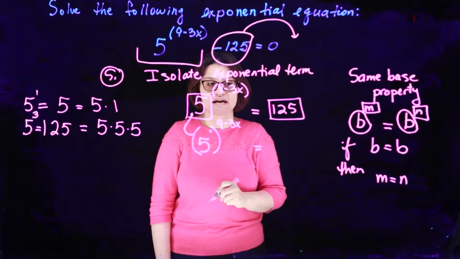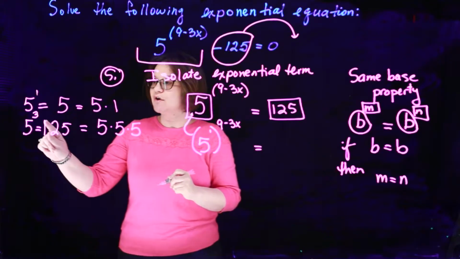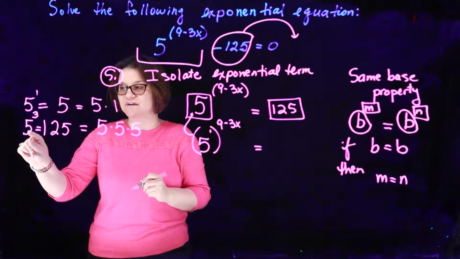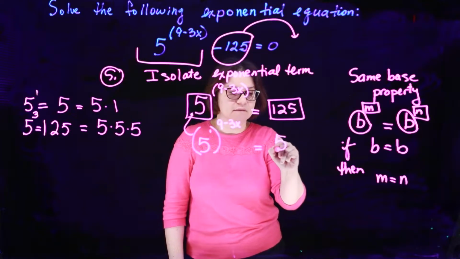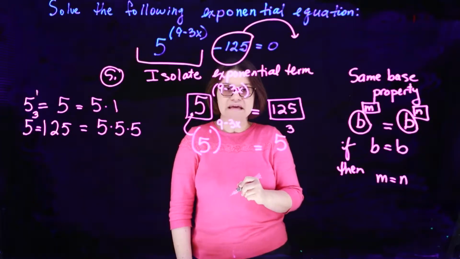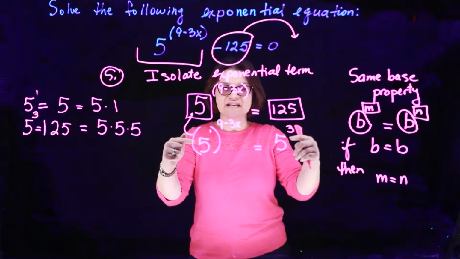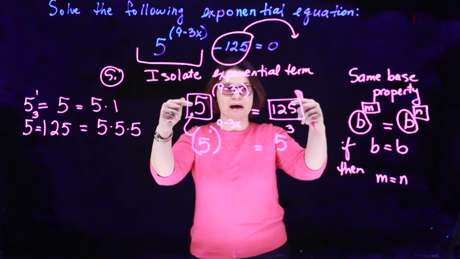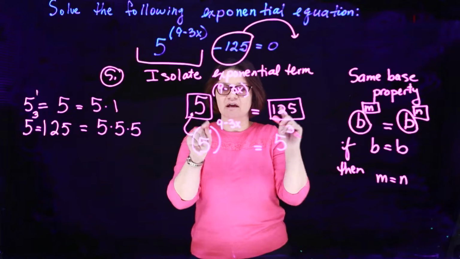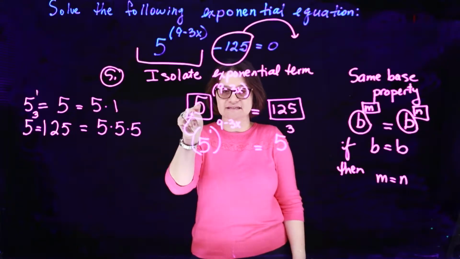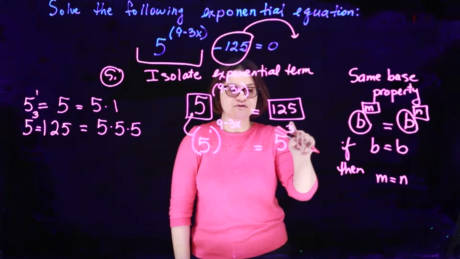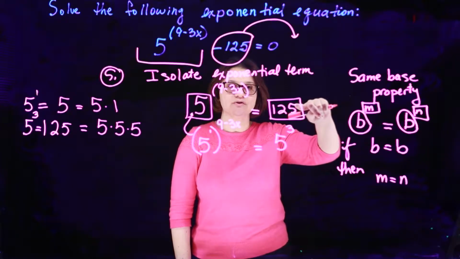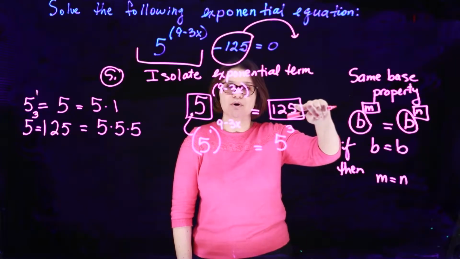On the other side, 125, we will simply rewrite as 5 to the power of 3. Keep in mind, we didn't change anything. 5 to the power of 1 is still base 5. 5 to the power of 3 is still 125.